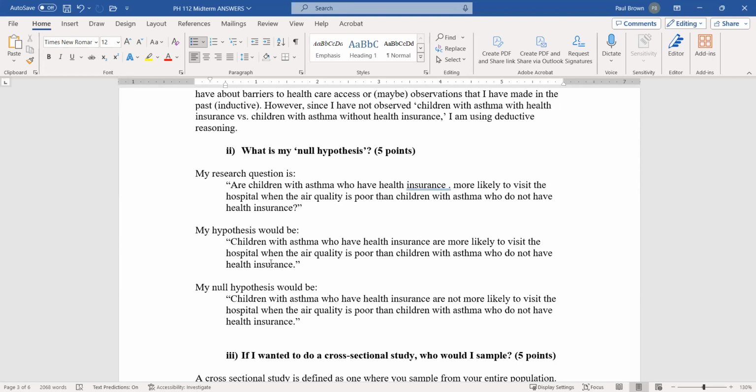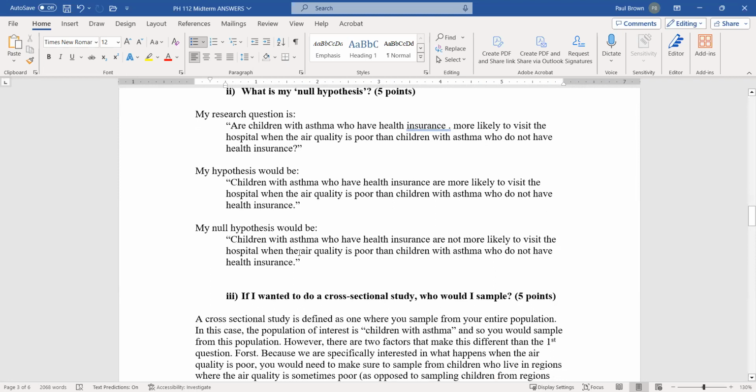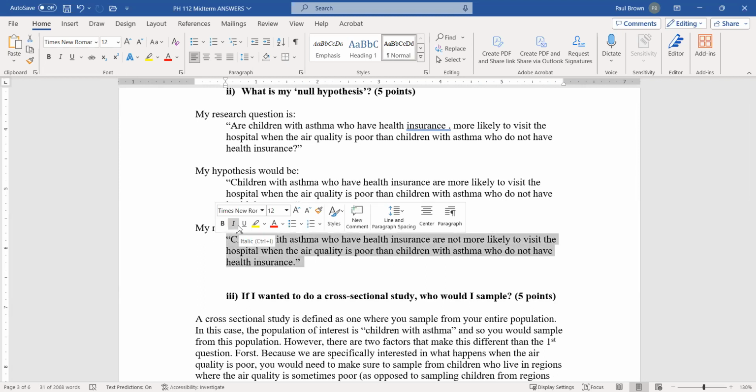So it's adding a bit of a twist. So the null hypothesis is that children with asthma who have health insurance are not more likely to visit the hospital when the air quality is poor than children with asthma who do not have health insurance. Questions about that?